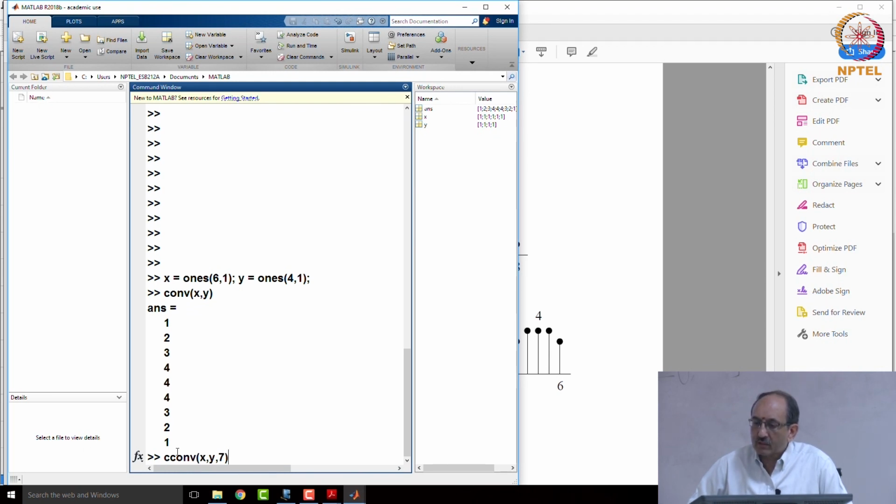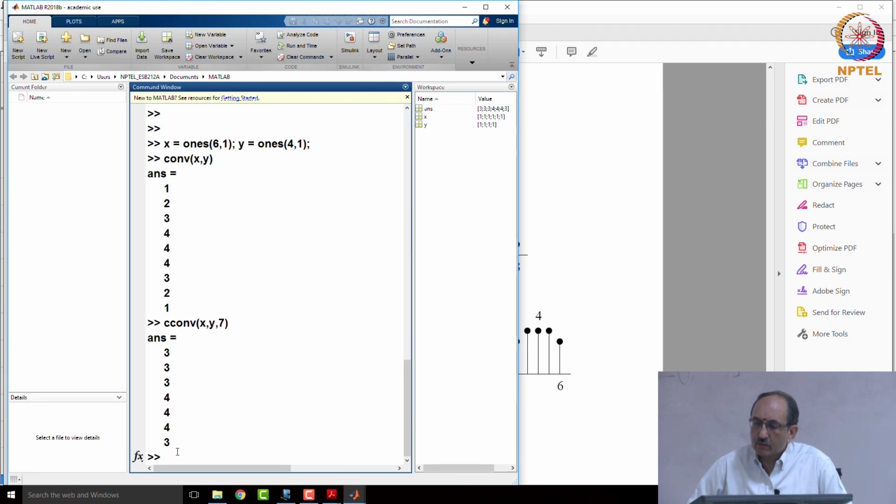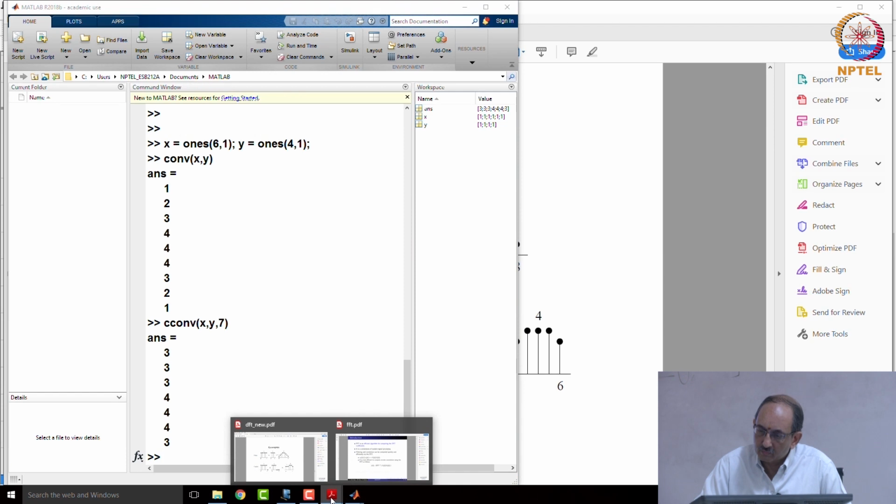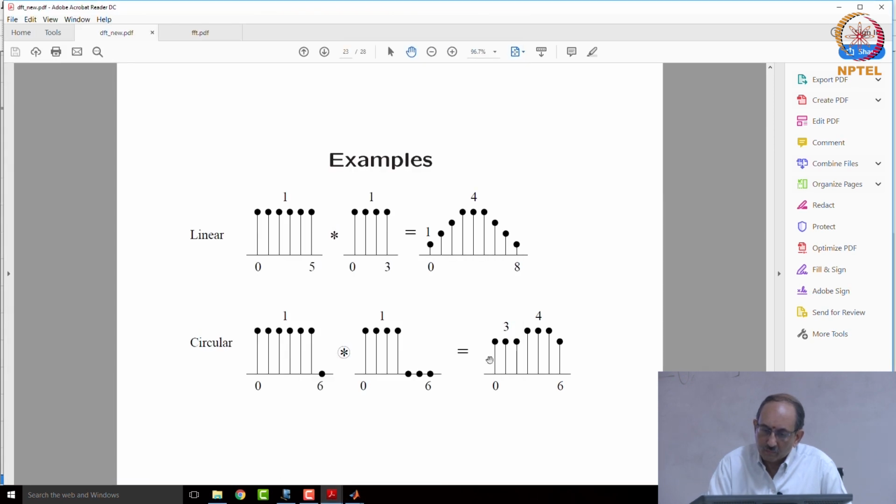So cconv x comma y comma 7 gives the circular convolution, and this is 3 3 3 4 4 4 3. This is exactly what was shown here, exactly what is given by MATLAB.